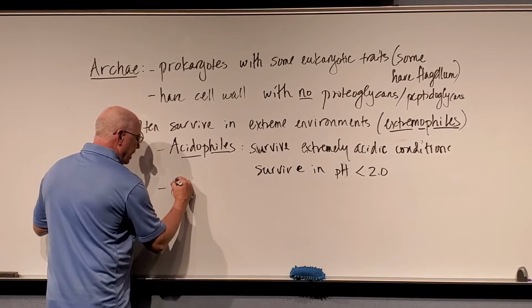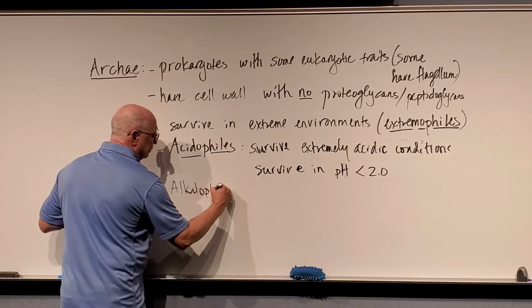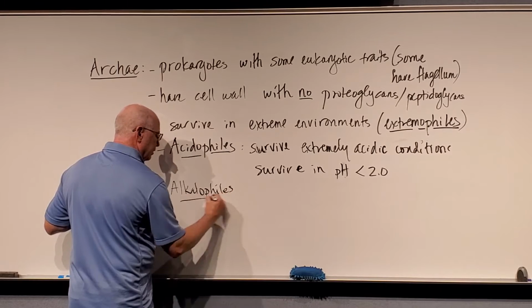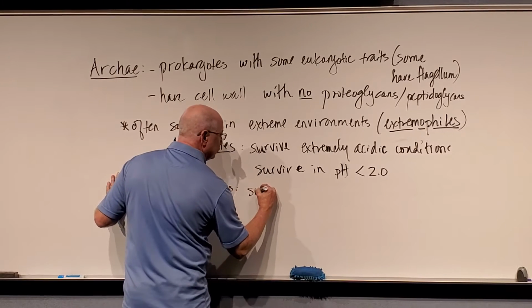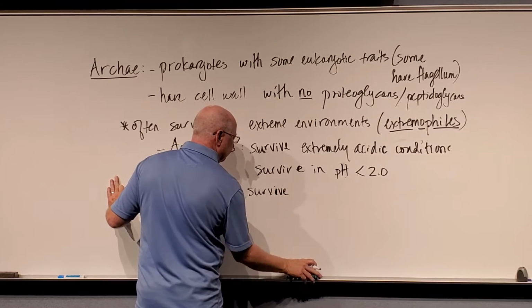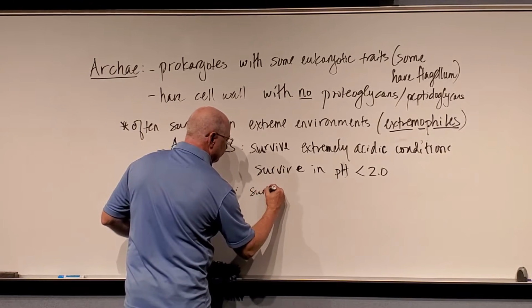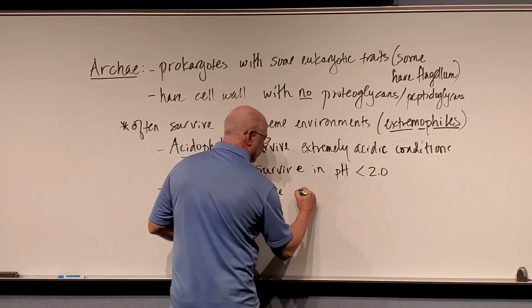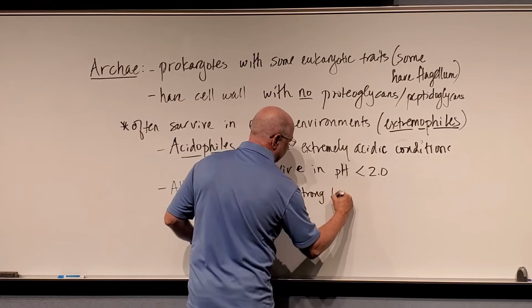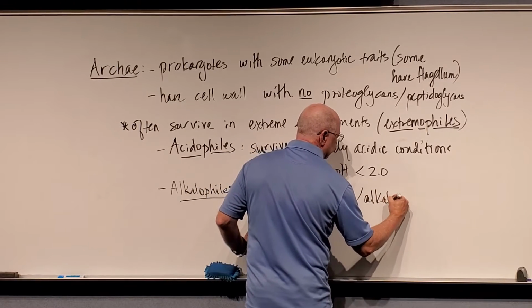The opposite of an acid is a base or an alkali, and so there's alkalophiles. And alkalophiles can also survive extreme pH, but they survive extremely basic conditions, or what we say is alkaline conditions.